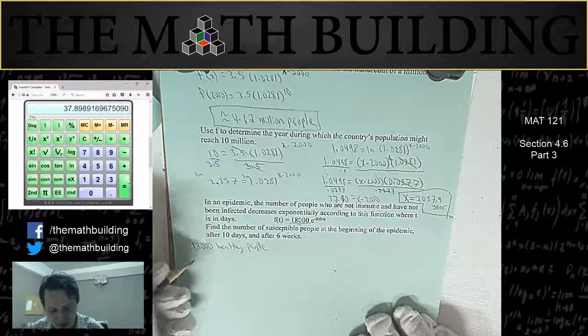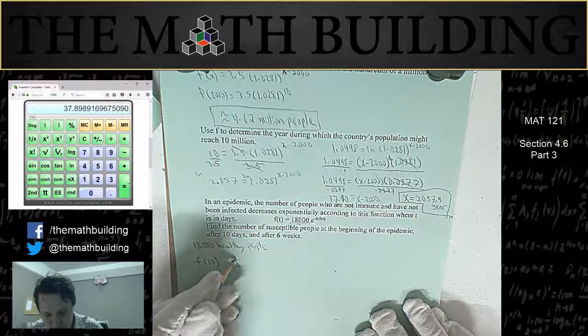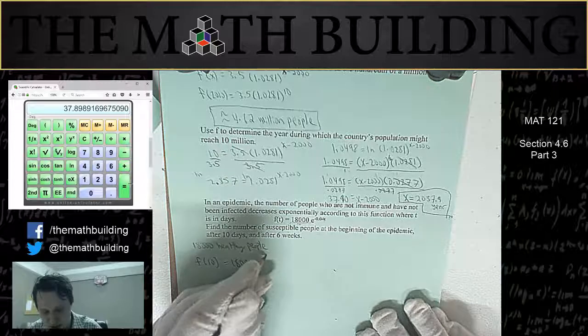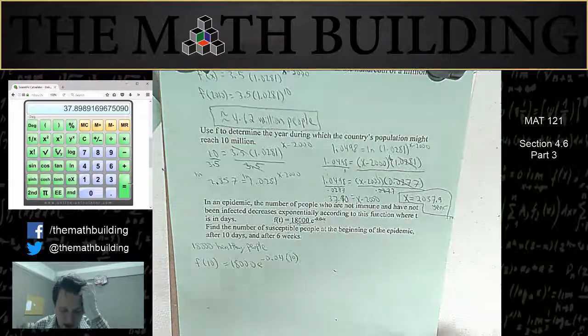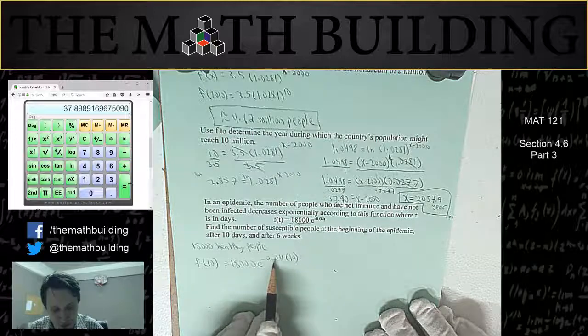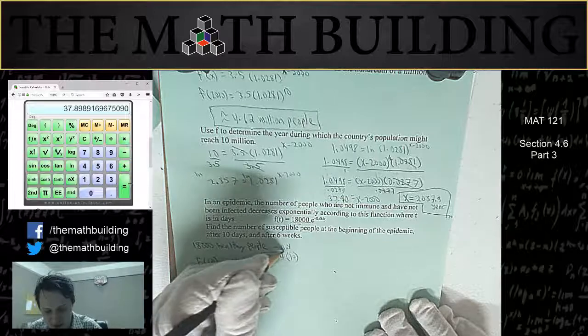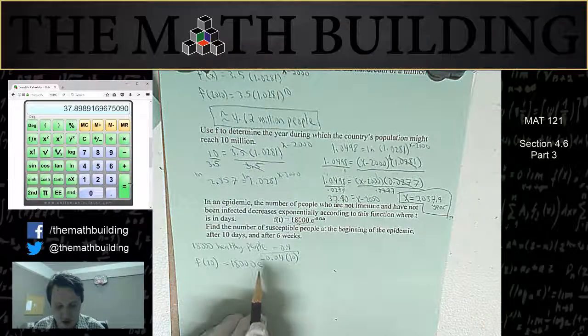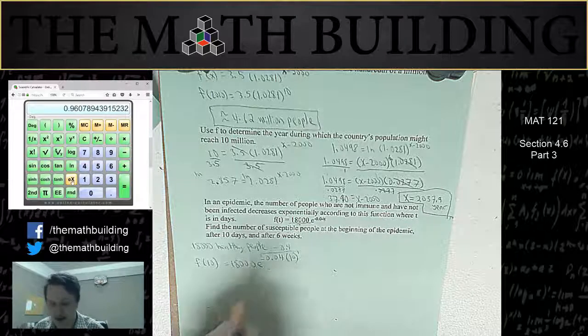T is in days, so let's do f of 10 for 10 days. And this is just going to be a crunching of the calculator. So that's all you got to do. Negative 0.04 times 10 is equal to negative 0.4. So let's just do e. I'm going to type into my calculator 0.04, make it negative, and then do e to that value.